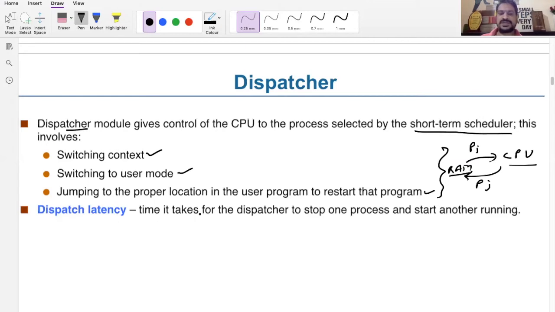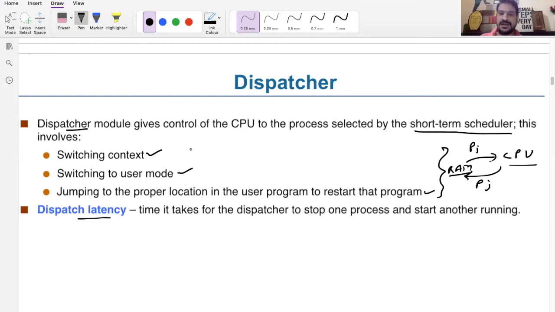Dispatcher latency means the time it takes for the dispatcher to stop one process and start another process is called dispatch latency. It means it will take some time, right? We are stopping one process and putting it into the ready queue. Another process we are taking from the ready queue to the running state. That transition time is nothing but dispatch latency.